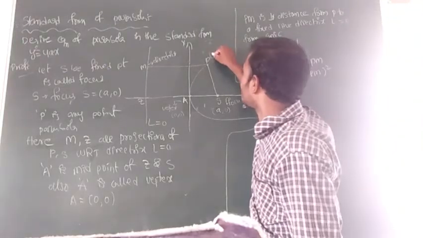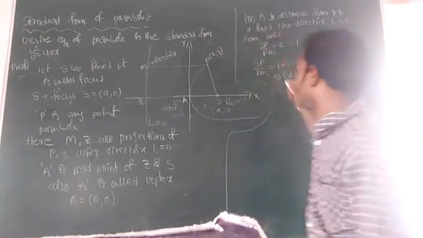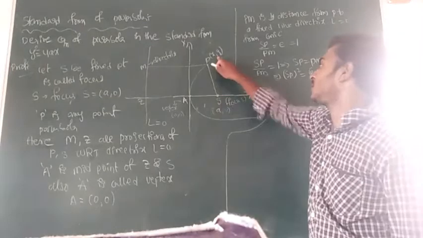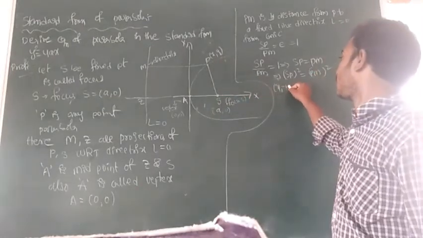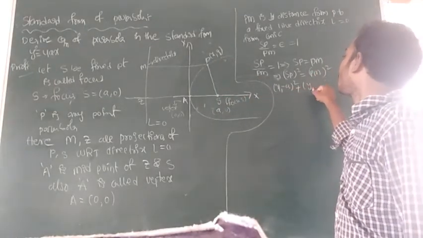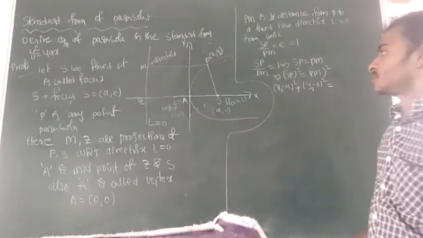Here P is any point x1, y1. The distance between the two points S and P is x1 minus a whole square plus y1 minus 0 whole square.